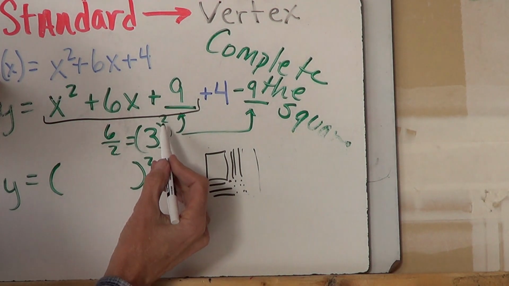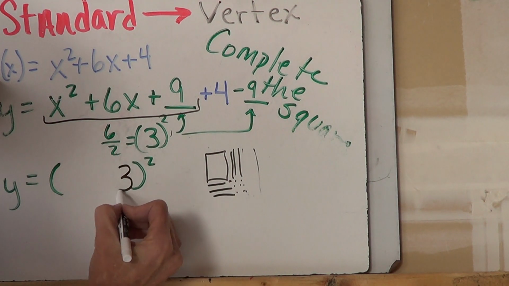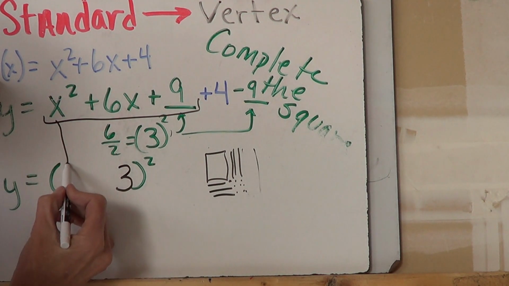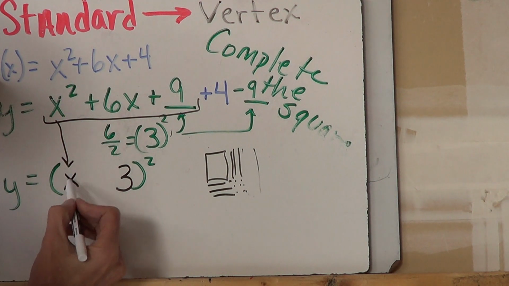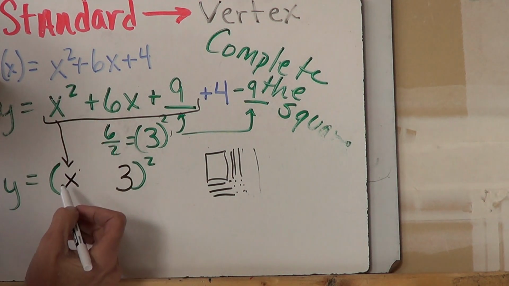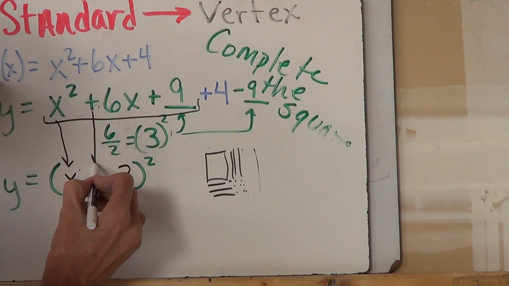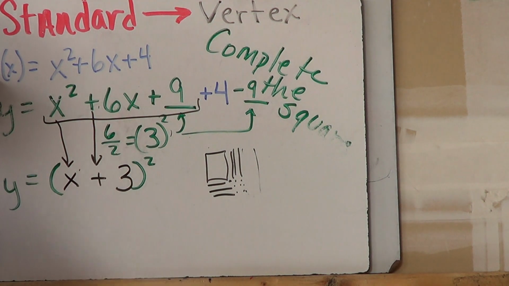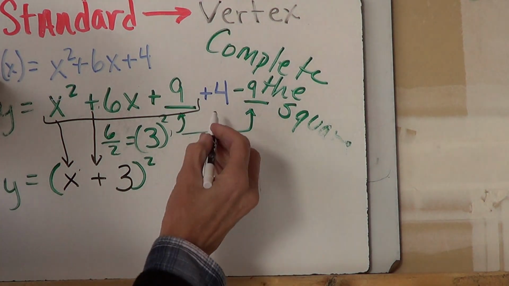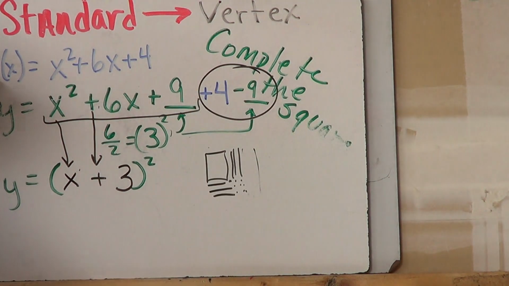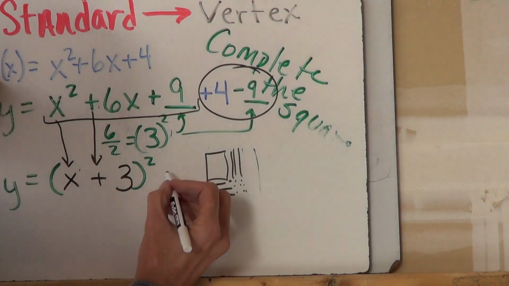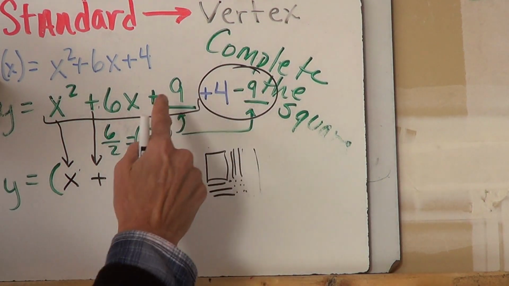I see the 3 squared right there, and I just bring it right down here. Then I drop down my x. I don't bring it as x squared because it's being squared out here. And then I drop this sign, so it's x plus 3 squared. Now I just combine these two out here, positive 4 and negative 9. The reason we have negative 9 is we had to keep it equal.